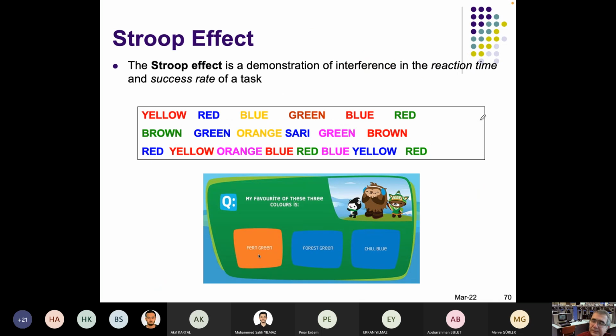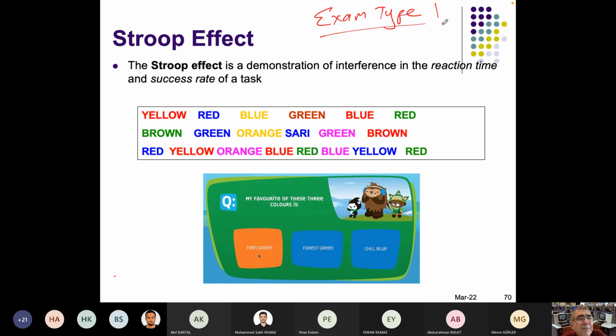A famous Stroop effect. This could be an exam type question. I sometimes ask this in the exams, not always.